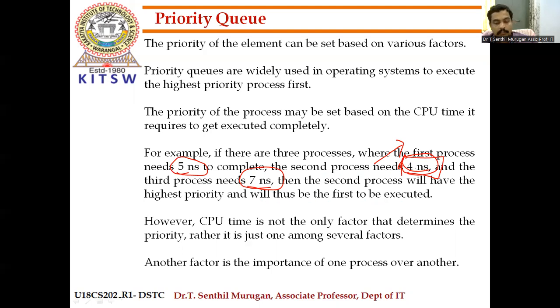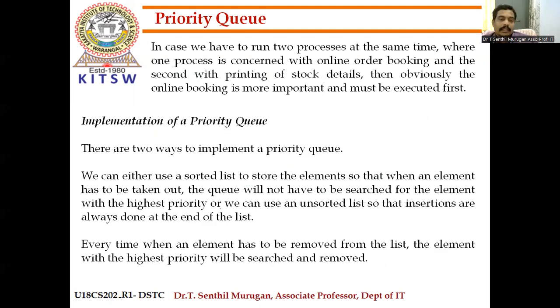So a small amount of time also gets the highest priority. This is an example for the priority queue.